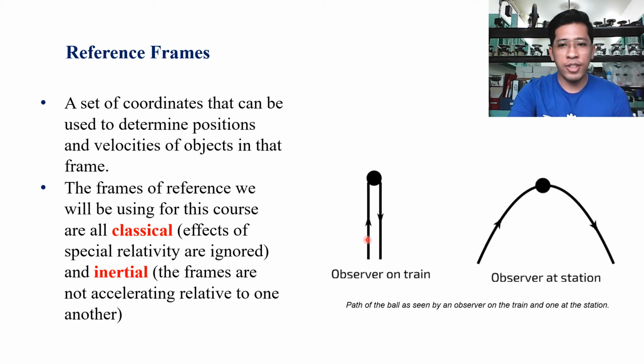Now, the observer on the train and the observer at the station are in different reference frames. In this example, your reference frame is the train, while the observer outside the train has the station as his reference frame.